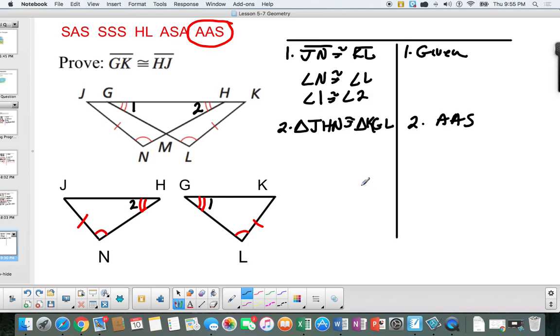Now once the triangles are congruent, GK is part of this, and HJ is part of this, so we say GK is congruent to HJ, and we're going to say corresponding parts of congruent triangles are congruent.